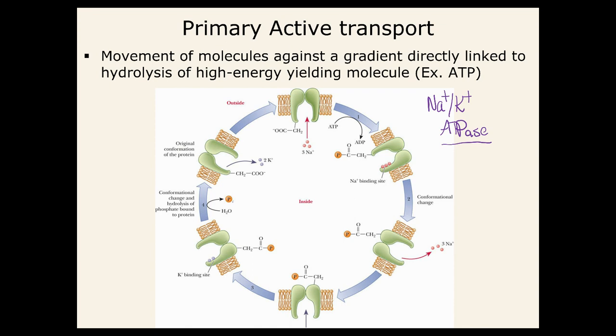So what we are looking at here is the inside and the outside. And this would be a process that's happening in neurons. Let's start up at the top. You see how we have the lipid bilayer. Then you have the green blob, which is the sodium potassium ATPase.